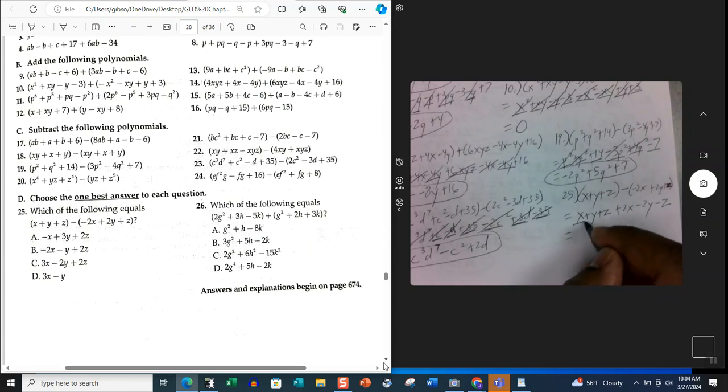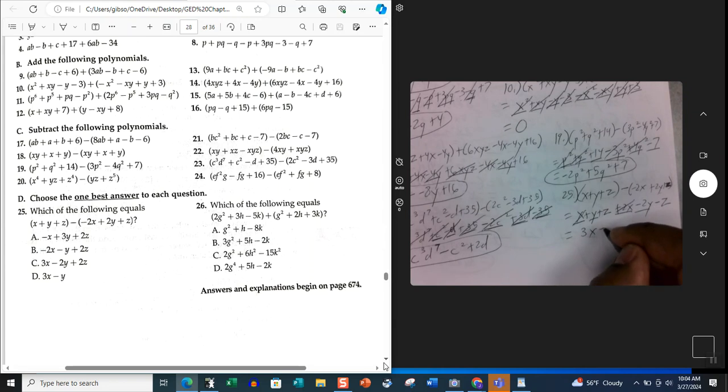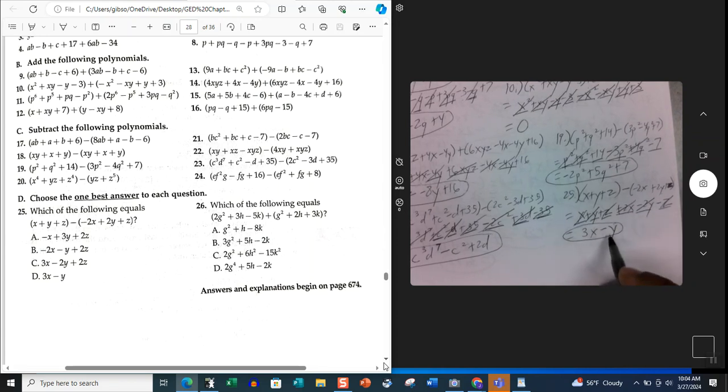So we combine like terms. X plus 2x is 3x. Y minus 2y is negative y. Z minus z, they simplify each other out to 0. So it'd be 3x minus y, which is d. So the letter we would pick is D.